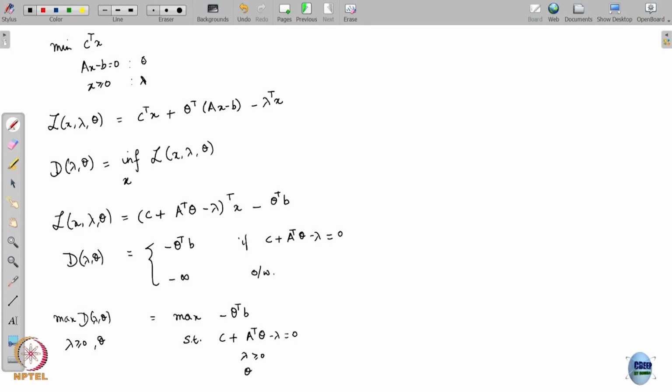Now, if you play around with this a little bit, you realize that my lambda doesn't appear in the objective at all. I can absorb the fact that lambda is greater than or equal to 0 and there is a minus lambda here; lambda is simply appearing as a slack variable. So effectively, this constraint can be written in this form.